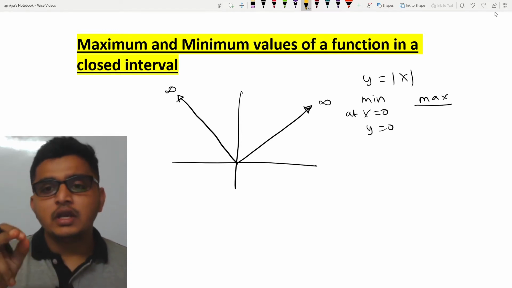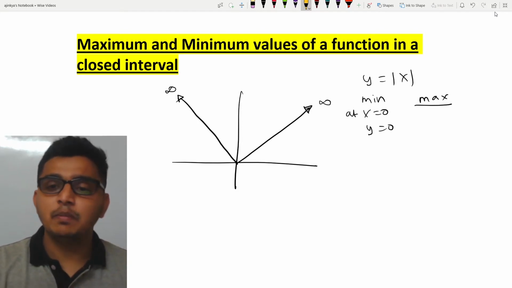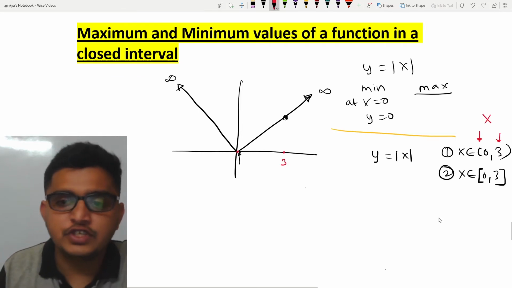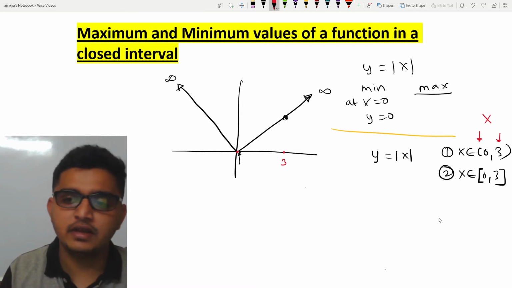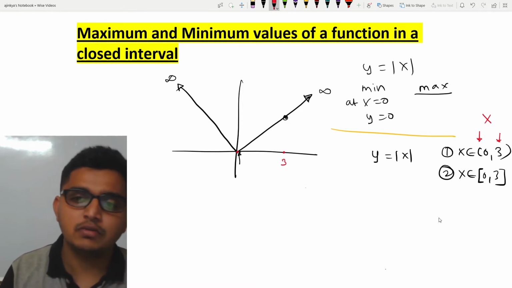In this graph I am going to discuss how we can find minimum and maximum values in a closed interval. We have taken two conditions, where y is mod of x. The first condition is x belongs to the open interval 0 comma 3, and the second condition is the closed interval with square brackets 0 comma 3. What does this mean?